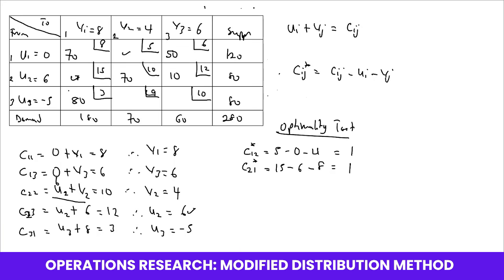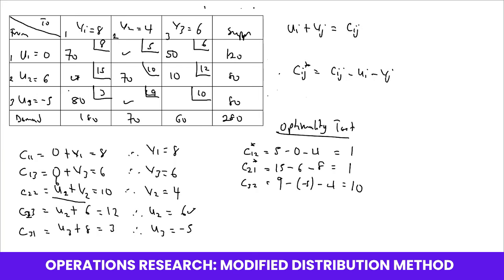Our Cij value is 9, and then our U value is -5 minus our V value, that's 4. So 9 plus 5 minus 4, that's going to give us 10.